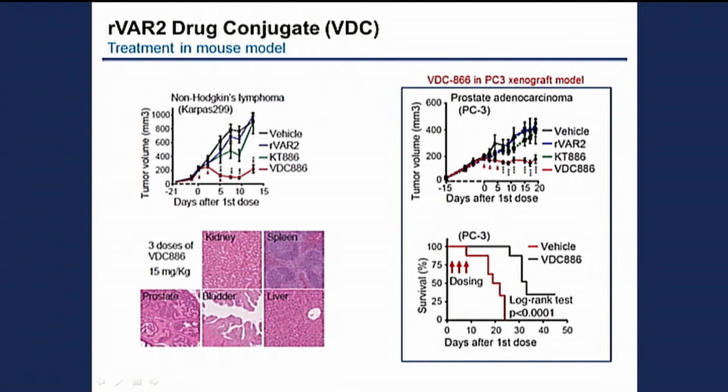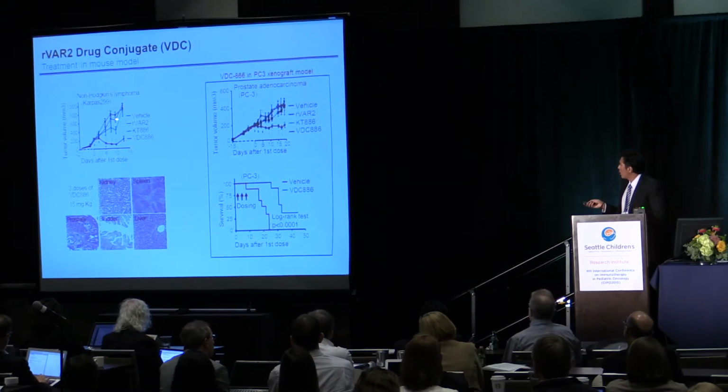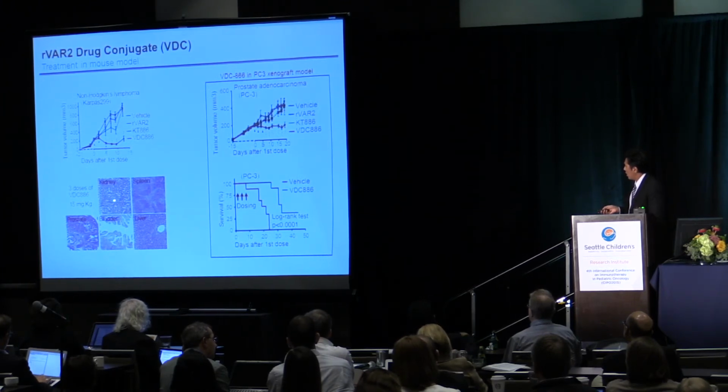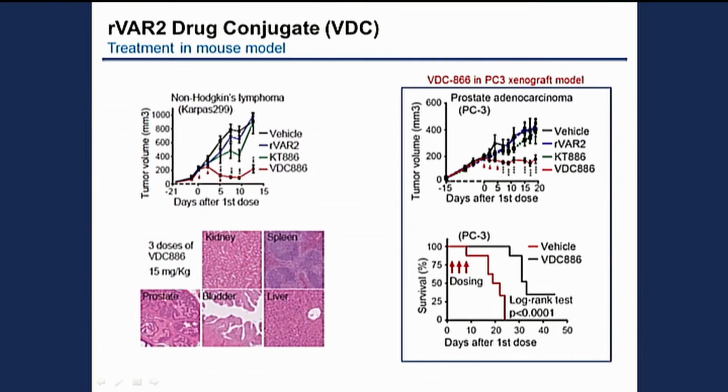So our next question is whether it can still effectively kill in the mouse xenograft model or not. We addressed that question with lymphoma and prostate cancer cell lines. Here you can see the VDC, compared with the toxin alone or vehicle, effectively kills the cancer cells. And there are no adverse side effects on the kidney or liver.